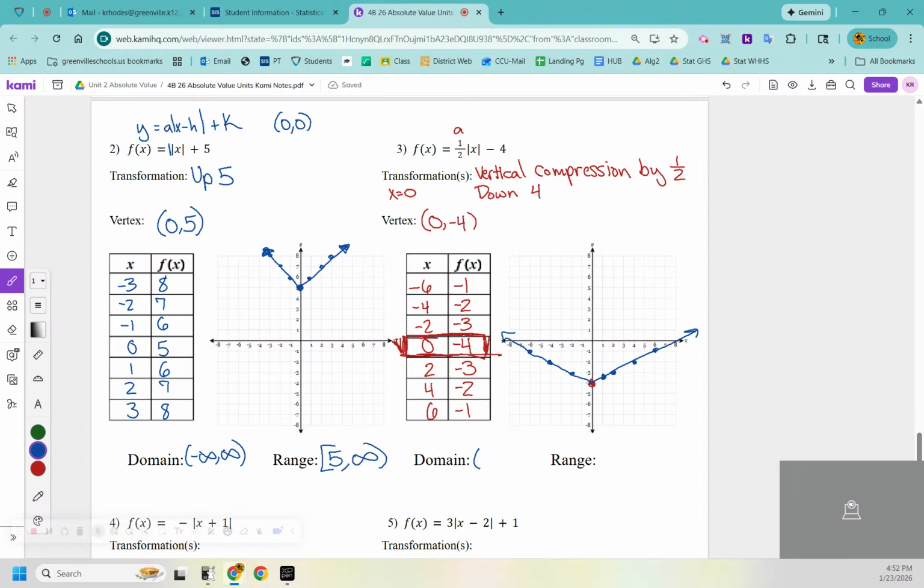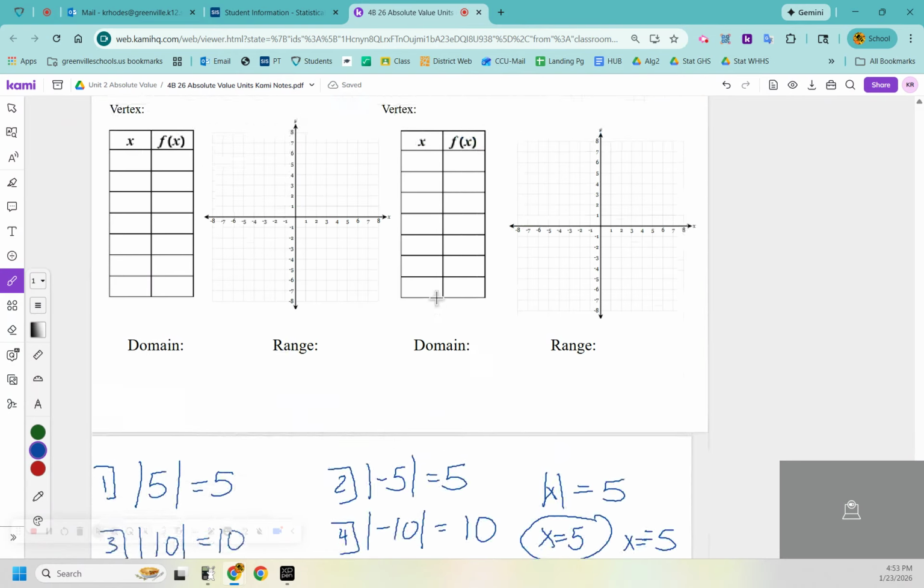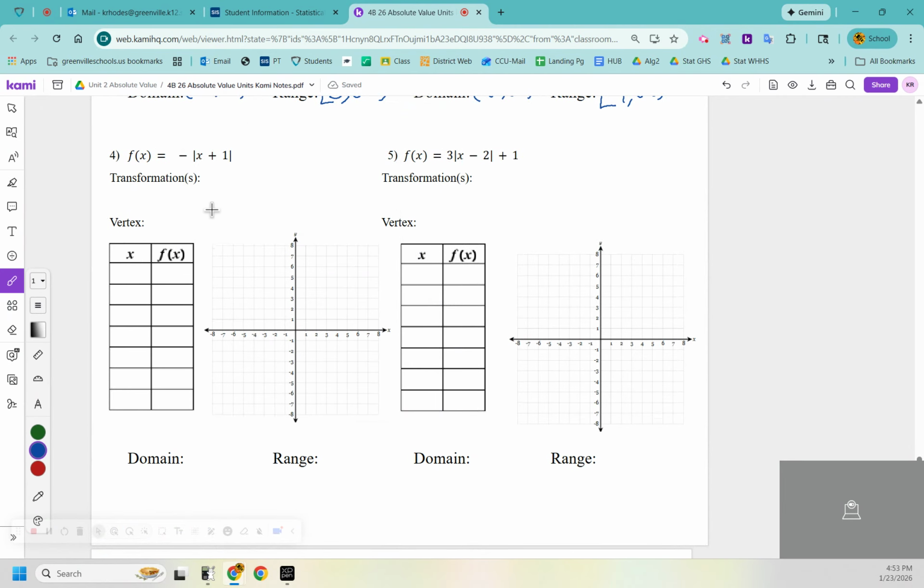Domain, always -infinity to +infinity. And then range, start at the bottom, work your way up. Nothing, nothing, nothing, nothing. And here it starts, -4, included, -4, 2, and then up forever, +infinity.